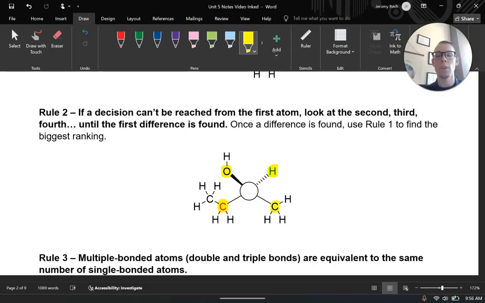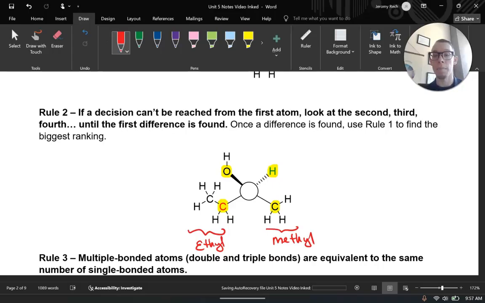And here I see that I have 2 different carbons. One of those carbons, the one on the right here, belongs to a methyl group. One over here belongs to an ethyl group. So those are different. So we still have 4 unique attachments, but the very first atom that's connected is not different for all of them.